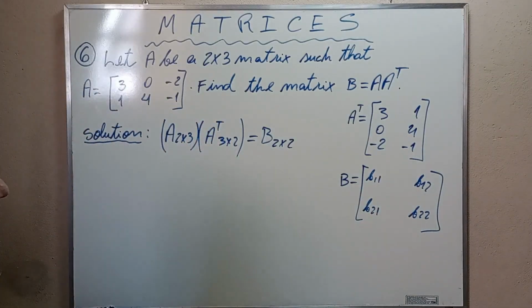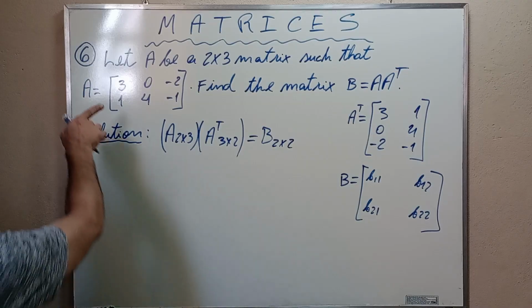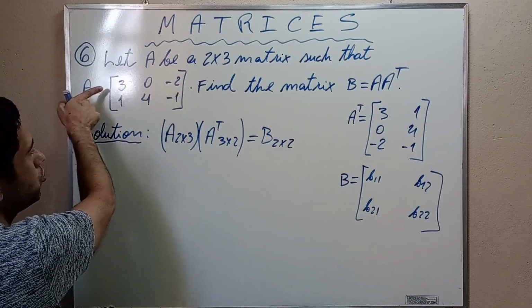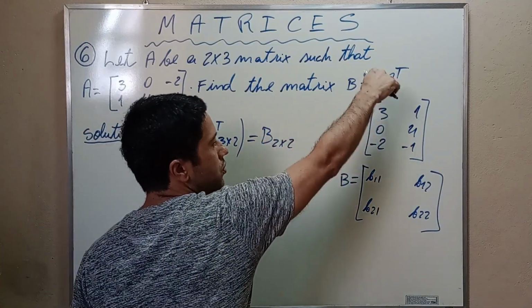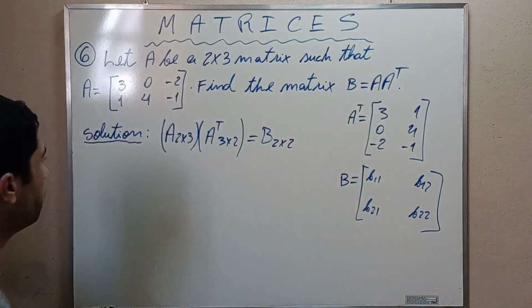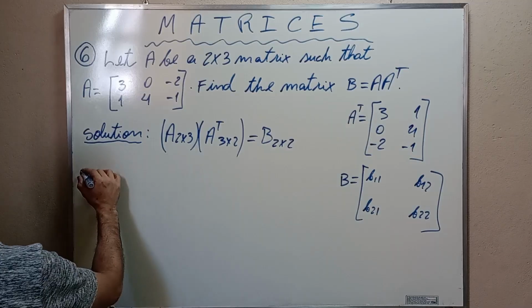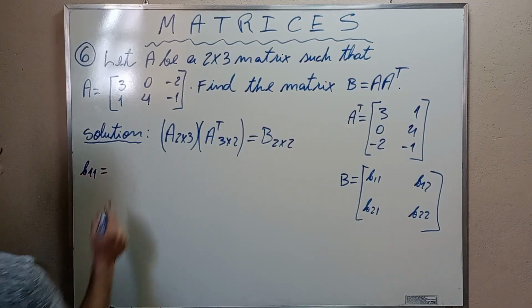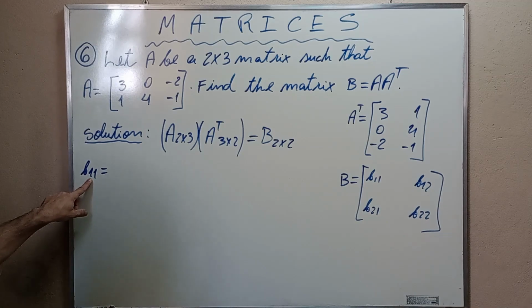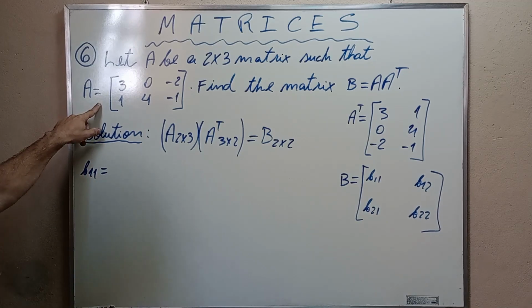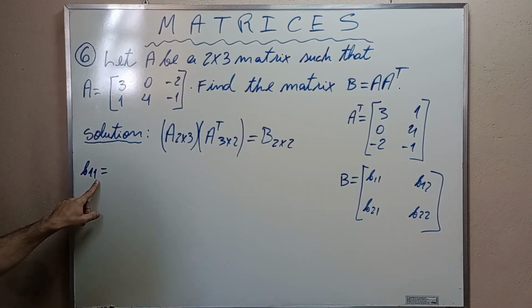Let's go, let's do it. And this multiplication is going to be performed in this way. We are going to multiply rows of the first matrix with the columns of the second matrix, okay? B11 is going to be obtained from the multiplication of the first row of the first matrix with the first column of the second matrix, okay?